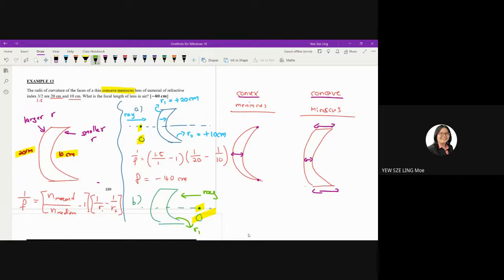If you make a complete circle right here, you will notice that the ray is now hitting the inner surface of the circle, which means my R1 is actually a concave surface, and therefore it should be a negative value, negative 10 cm, compared to the previous question.